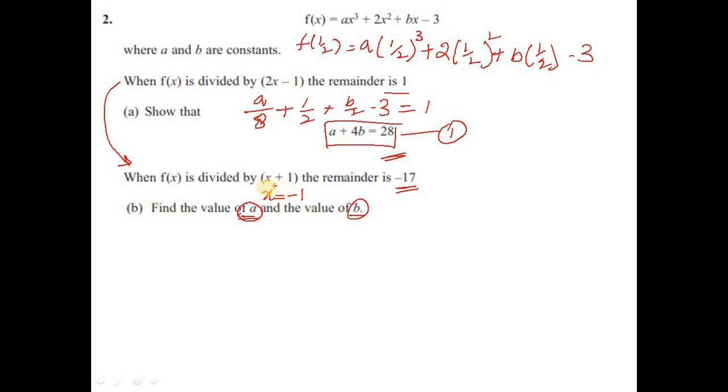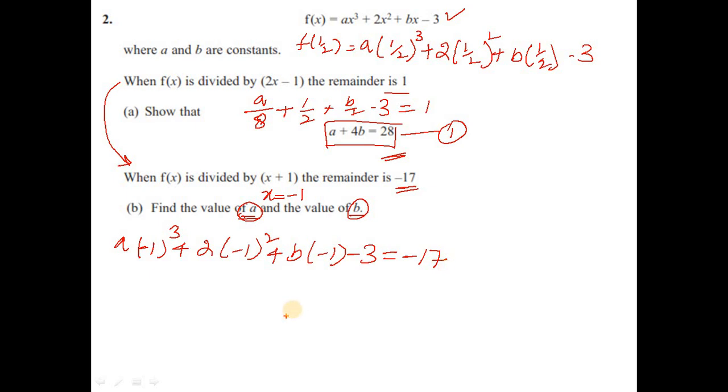So similarly, you do the same thing, substitute x is equal to -1 in the given function. So a times -1 cubed plus twice -1 squared plus b times -1 minus 3 is equal to f of -1, and f of -1 is -17.